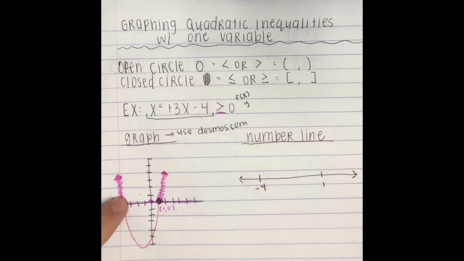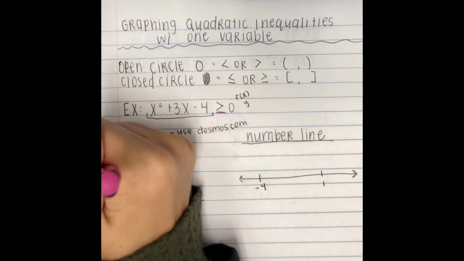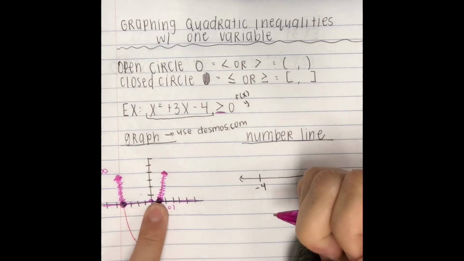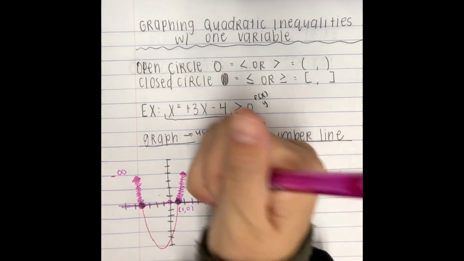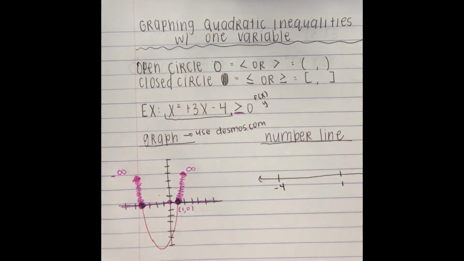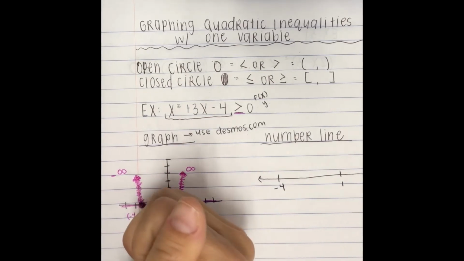So this is going to keep going and going to the left, all the way to negative infinity. And then this one's going to keep going all the way to the right to positive infinity, okay? And then here we had negative 4, 0.